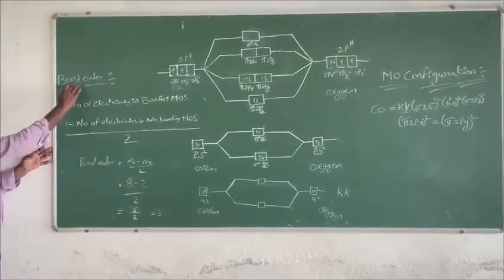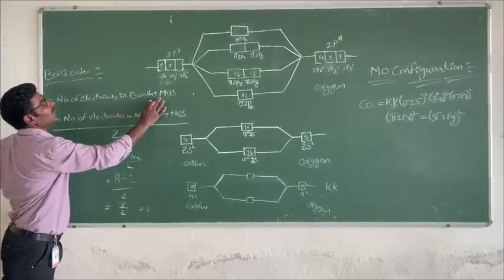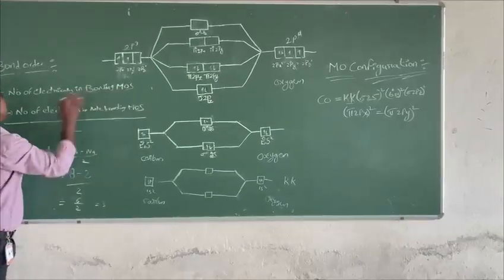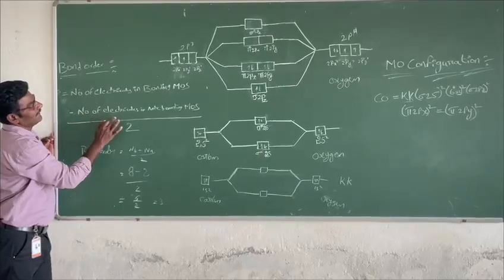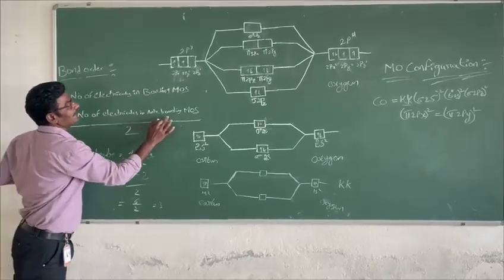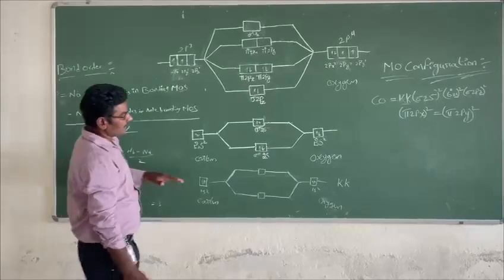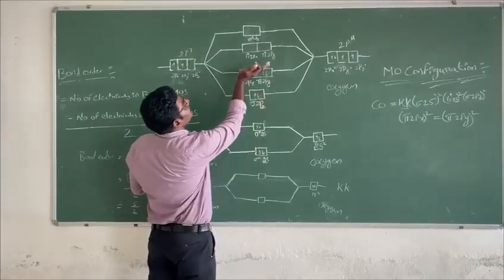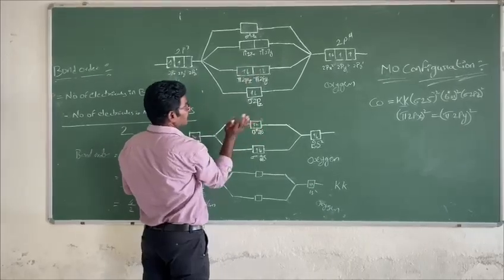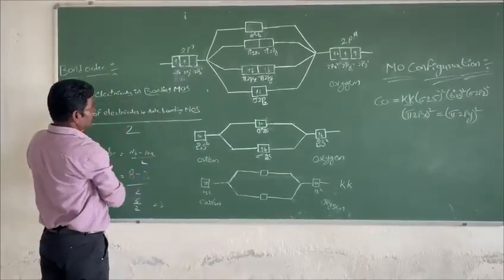Once again, bond order: the number of electrons in bonding molecular orbitals minus the number of electrons in anti-bonding. What is the bonding orbital? Bonding means the downside orbitals, and anti-bonding means the upper side. So first we calculate the bonding orbitals.